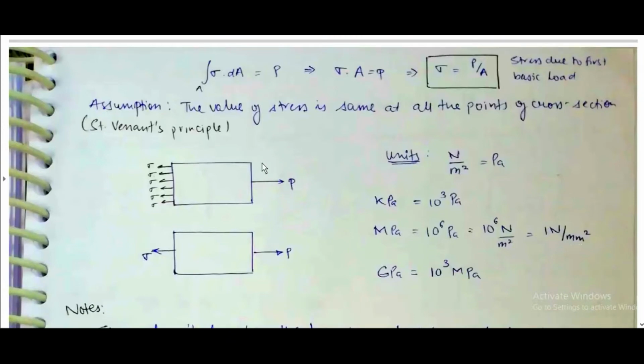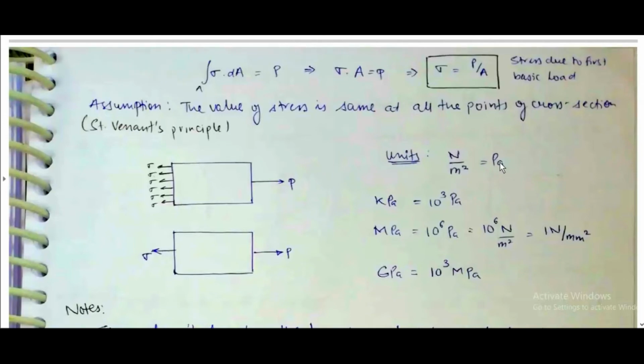For example, if you apply force P here, there will be a lot of stresses at different points, but it is considered that the value of stress is same at all points and represented like this. Everywhere it will be sigma itself. That is Saint-Venant's principle. It is an important question for ISRO interview.